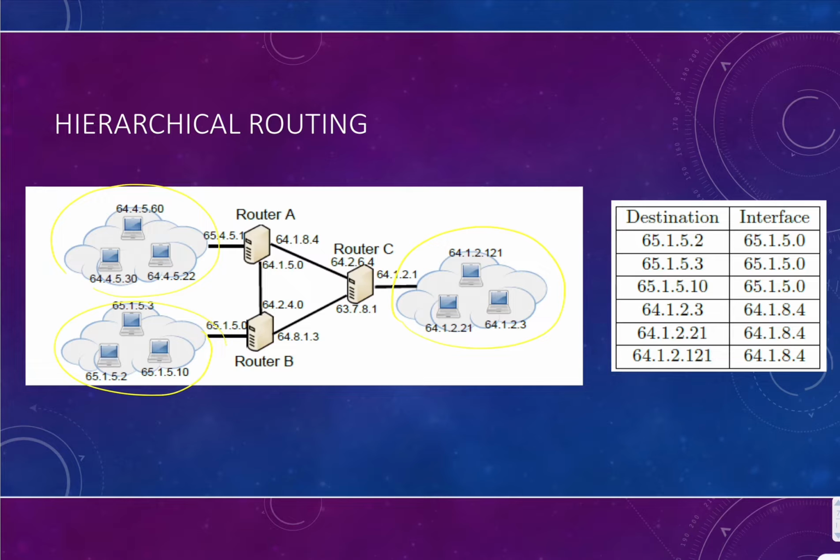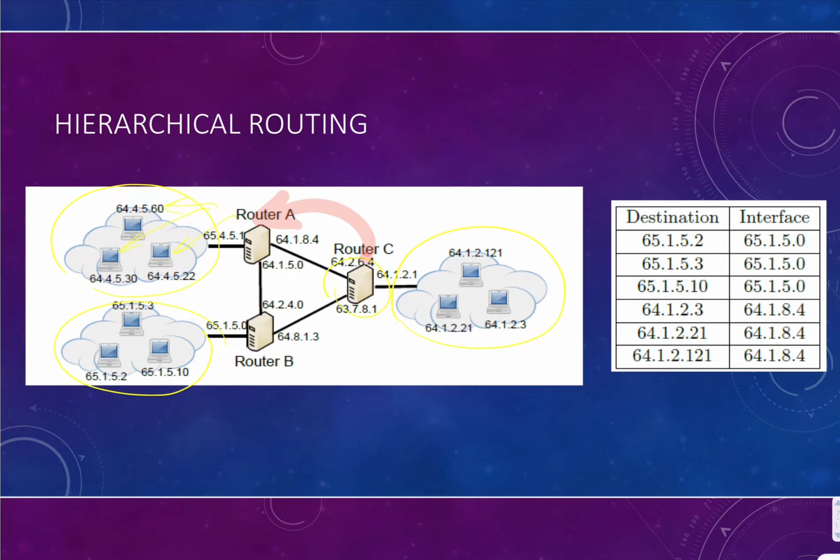Now, under hierarchical routing, each router outside of an autonomous system needs to only maintain a single entry for the autonomous system instead of one for each host in the system. So router C will only need to maintain an address for router A and not every individual host in the autonomous system represented by router A.